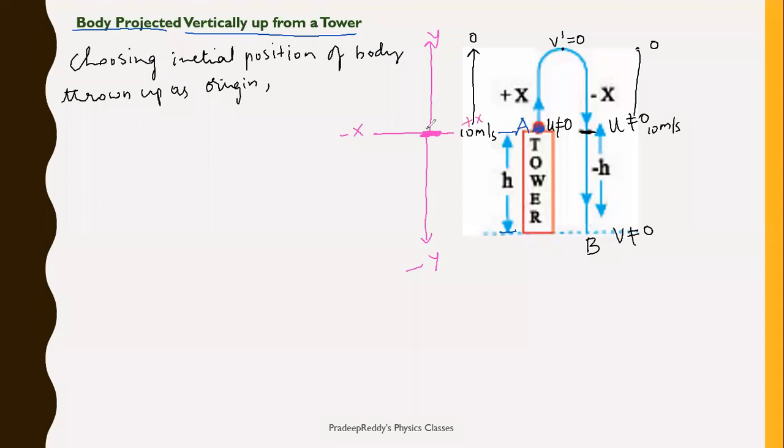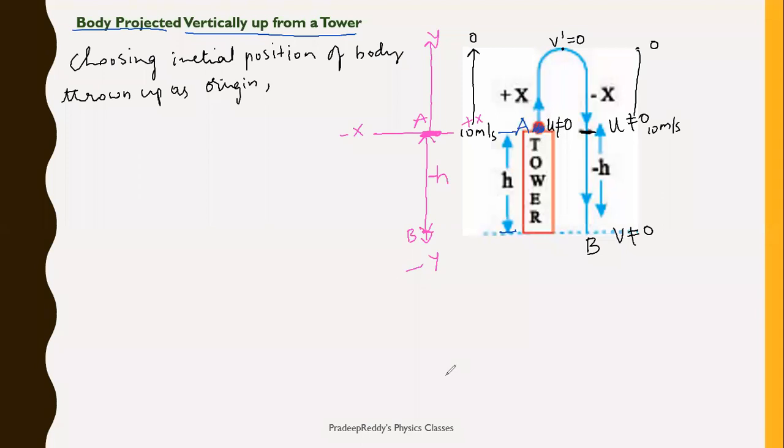Now, where is the initial position? Here is the initial position A. And finally, where is it coming? It is coming to this position B, right? How much is this length? This length is equal to H. As it is coming down, you need to write it as minus H, because from the origin it is traveling along the negative Y direction.